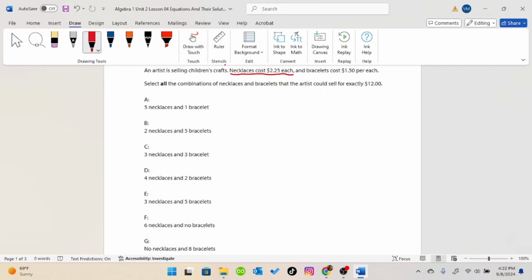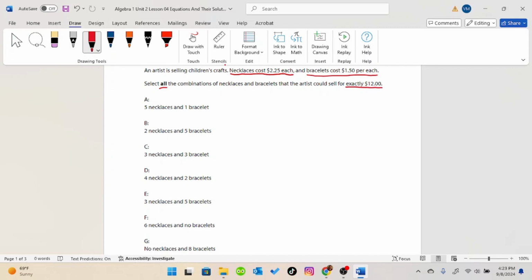And bracelets cost $1.50 each, so I'm going to underline that information. Select all, which means there can be more than one correct answer, the combinations of necklaces and bracelets that the artist could sell for exactly $12.